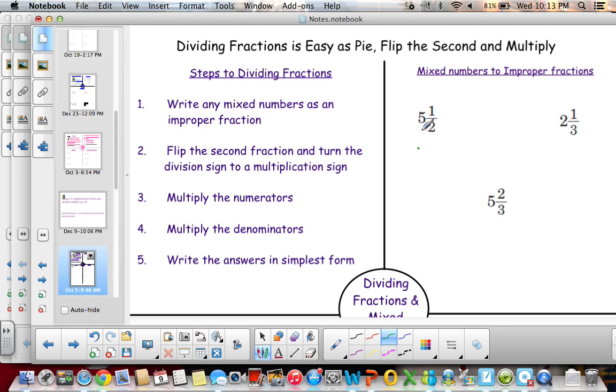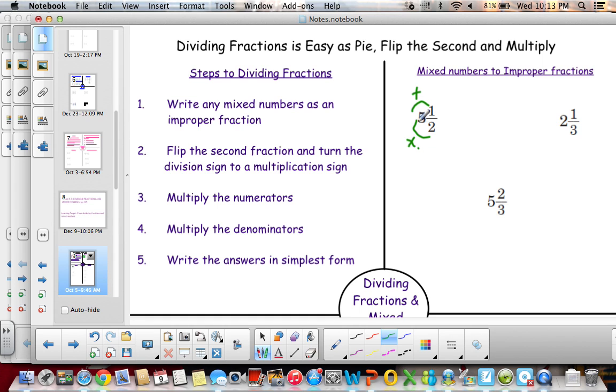So just as a refresher, when we want to convert from a mixed number to an improper fraction, remember we take the denominator, multiply it by the whole number, and then add our numerator.